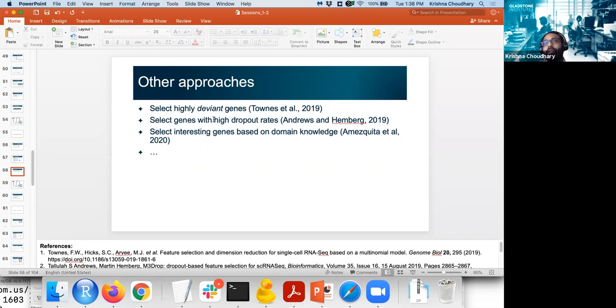If that fraction is very high compared to what is expected given the expression level of that gene, then they rank the genes by how much their dropout rate deviates from the expected value, and select based on that. And then there are other approaches, such as other kinds of models to select highly deviant genes, etc. We will perhaps discuss this in the next section about highly deviant genes.